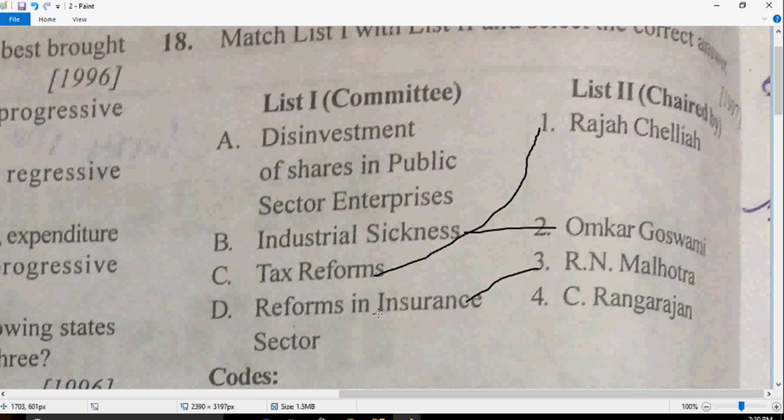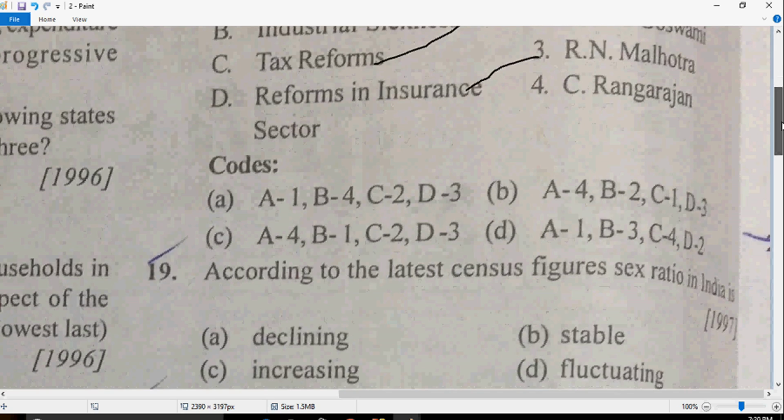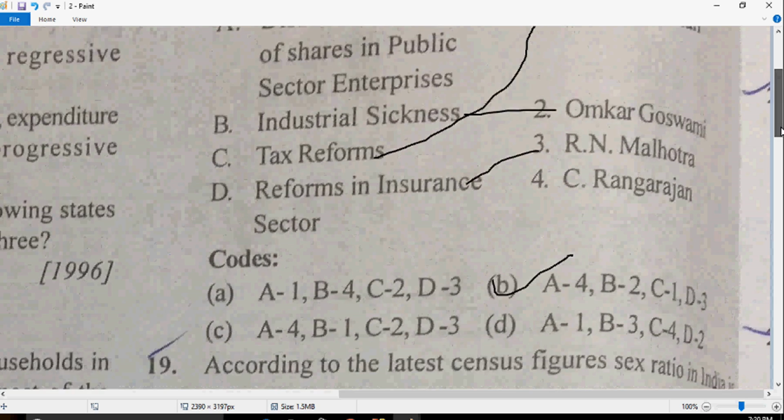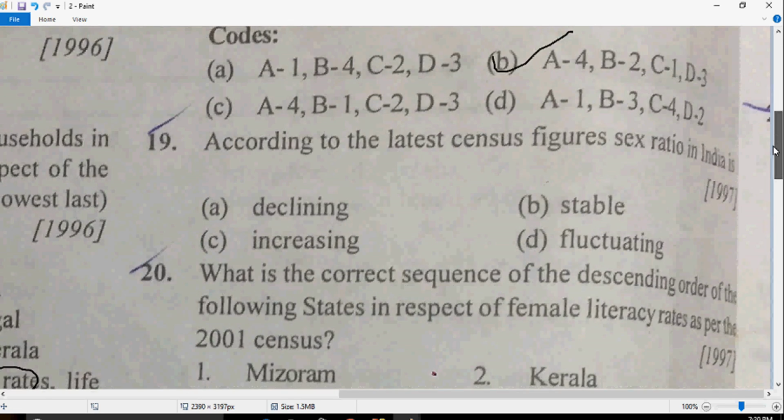So it's going to be D. Which one is going to be correct? Now there will be no doubt that B will be the correct answer. This one, A is going to be 4, as mentioned, of course. So B will be correct.